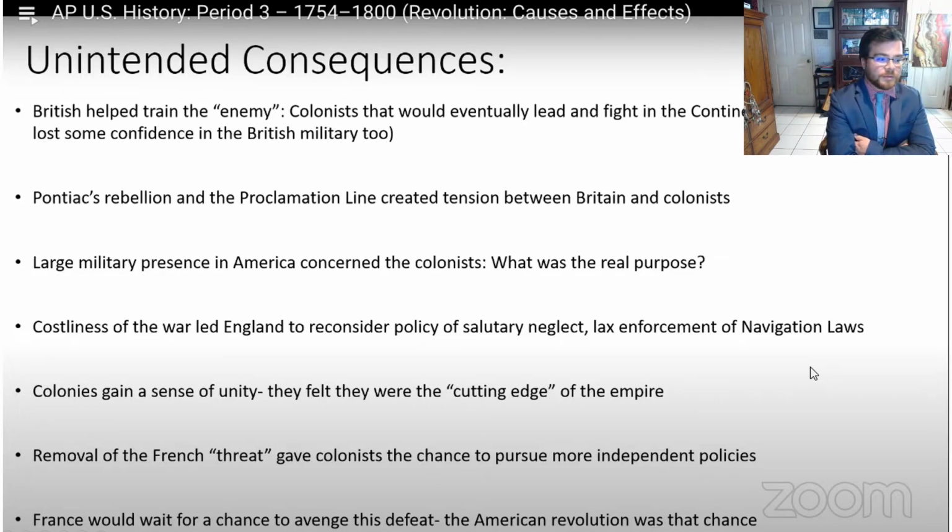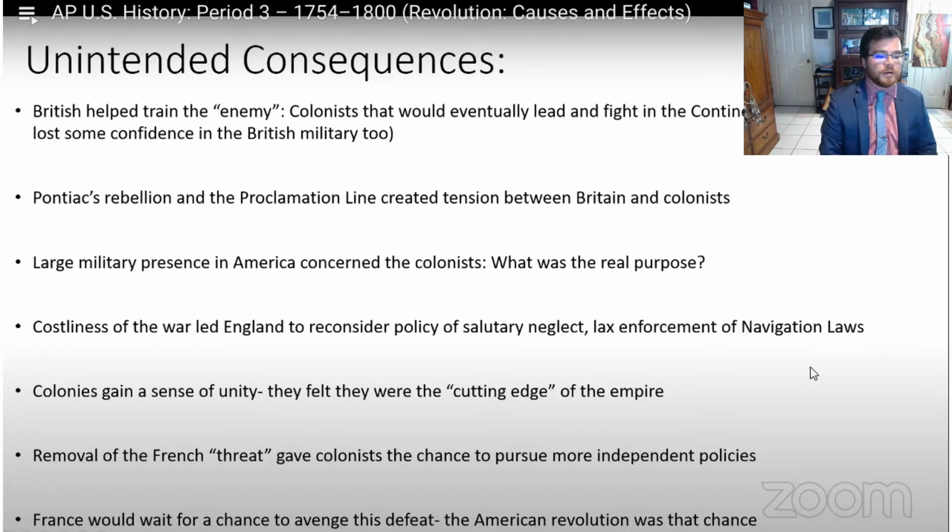They kind of know how the British military has weaknesses. They're like, they're not that good. Maybe they're ranked number one, but they're overrated. And they're weak. They just fought France and Spain. They're kind of struggling with money. So Pontiac's Rebellion and the Proclamation Line cause tension, guys, between the colonists and Britain. The beef starts there, right?